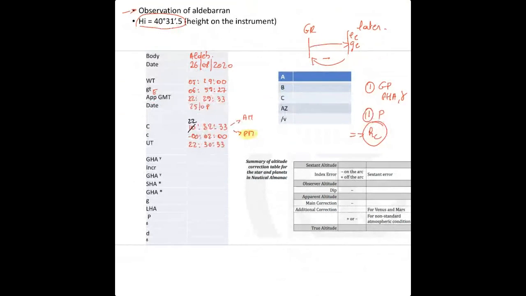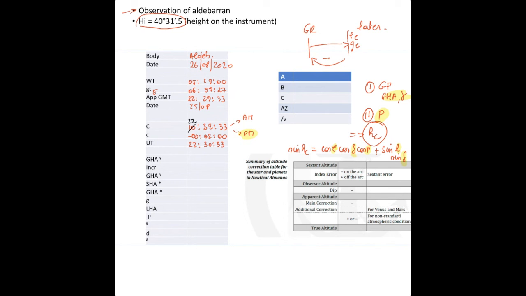Okay, because the formula is: the sinus of HC is cosinus latitude, cosinus declination, cosinus P, plus or minus sinus latitude, sinus declination. Okay, our latitude we know from our estimated position. The declination we get from the nautical almanac. Okay, and the polar angle we calculate with our GHA and our declination.